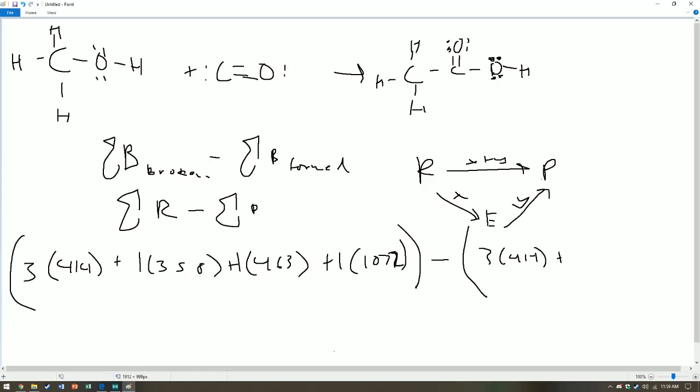If I scroll up here, C=O is 804, plus 1 carbon-carbon single bond, which is 346, plus 1 carbon-oxygen bond, which is 358, plus 1 OH bond, which is 463.